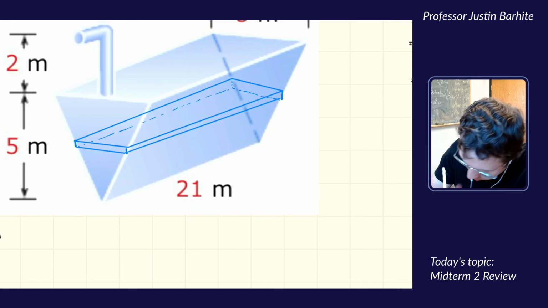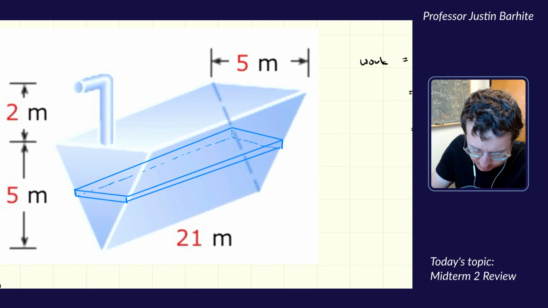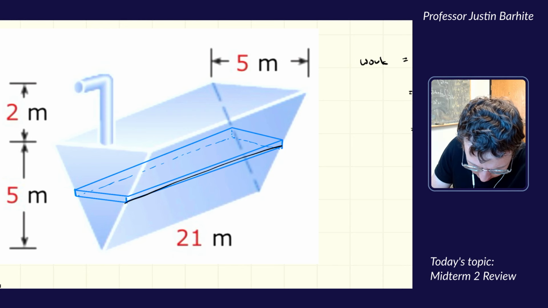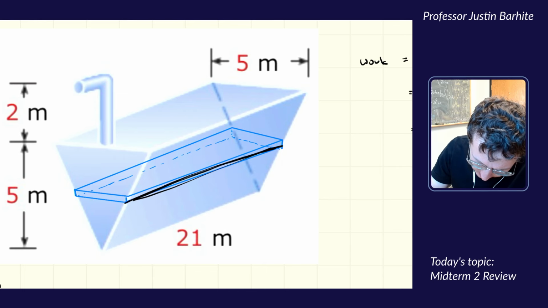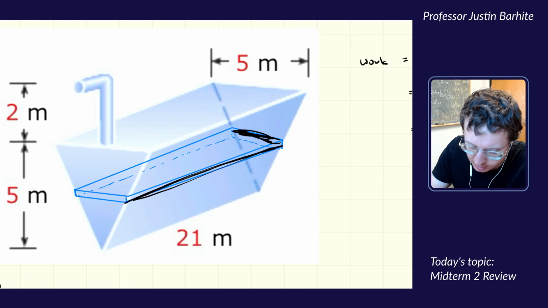The volume of a rectangular prism is length times width times height. So I've got 21 meters times whatever this is. This is going to be the hard side to figure out, and then that's dy.